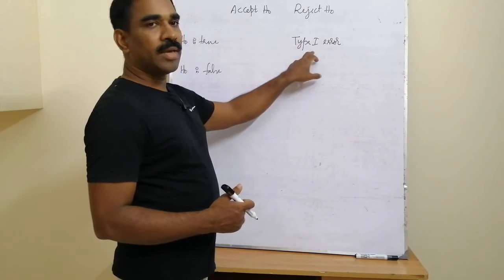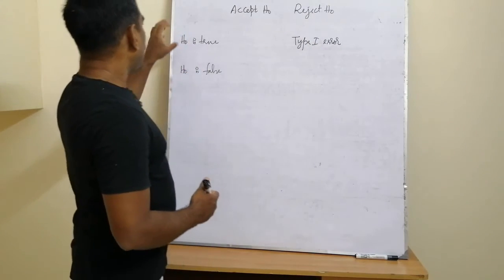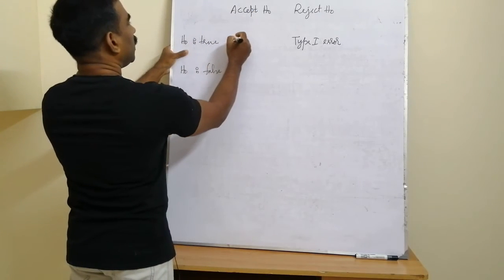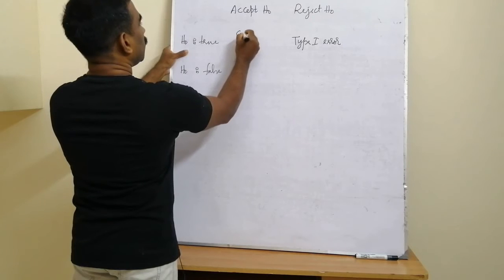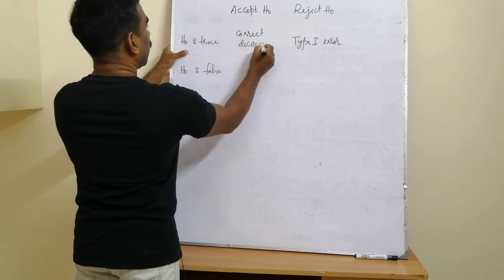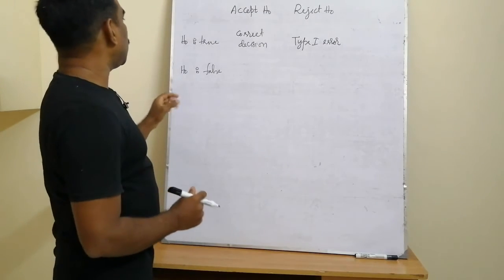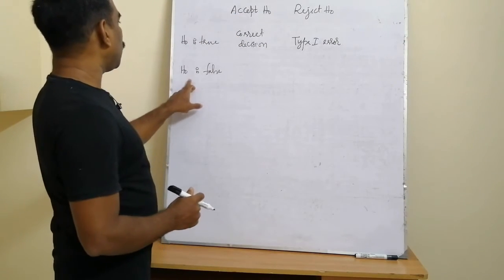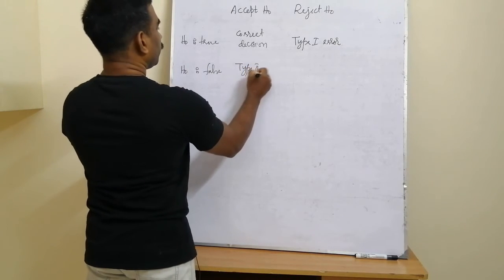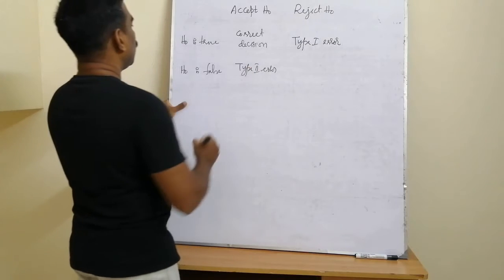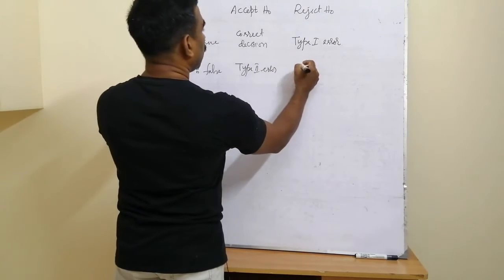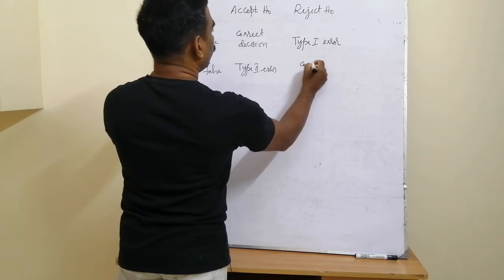If H0 is accepted when H0 is true, our decision is correct. This is the correct decision. Another error is accepting H0 when H0 is actually false. That is called a type 2 error. And rejecting a statement which is already false is no error, it is a correct decision.